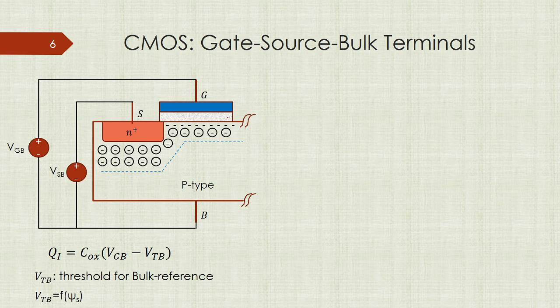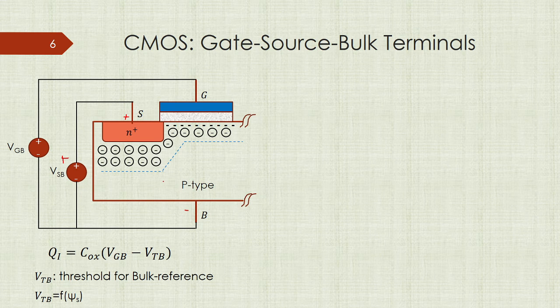Now let's add another terminal, the source terminal, and let's inject a voltage between the source and the bulk, VSB. The higher voltage goes to the n-type semiconductor, and the negative to the bulk. So as you see here, we have a reverse bias voltage: the plus goes to the n-type and the minus to the p-type.